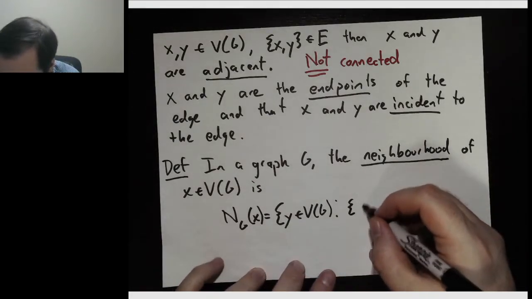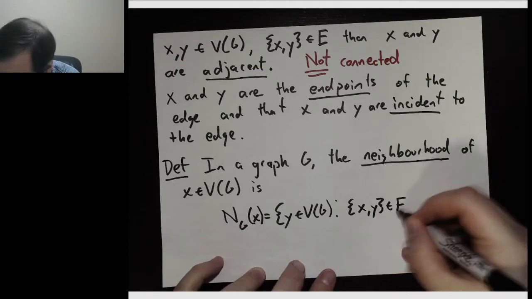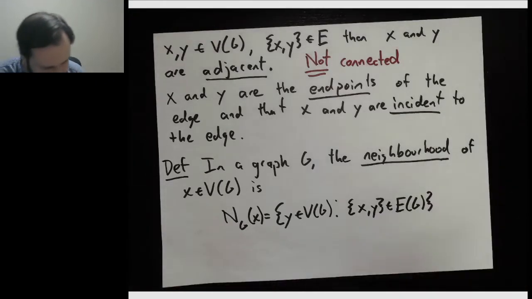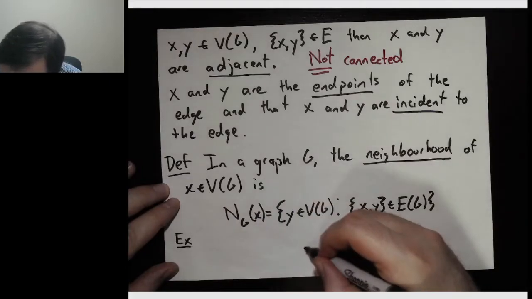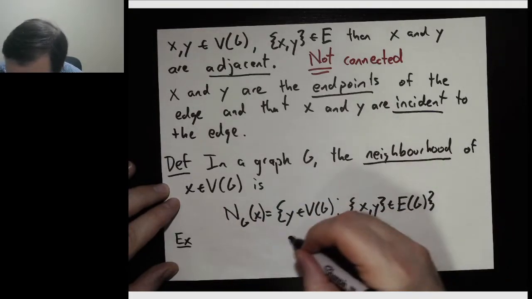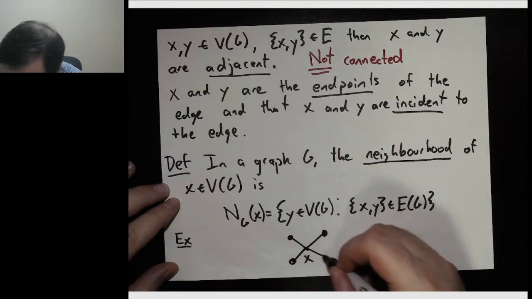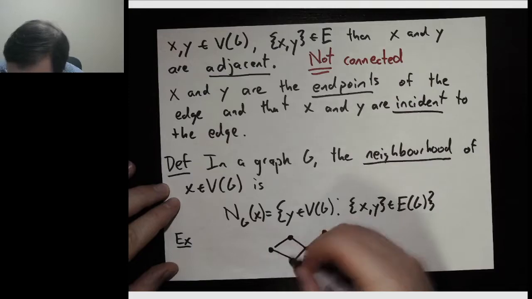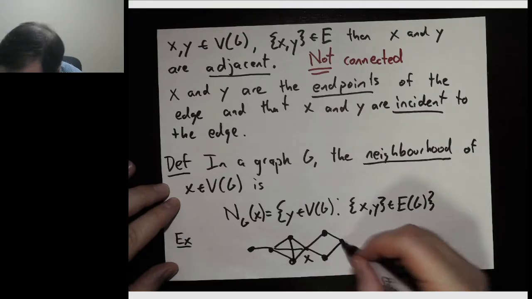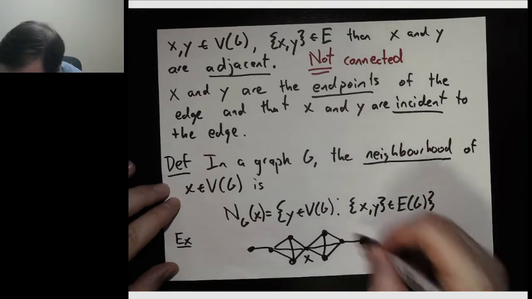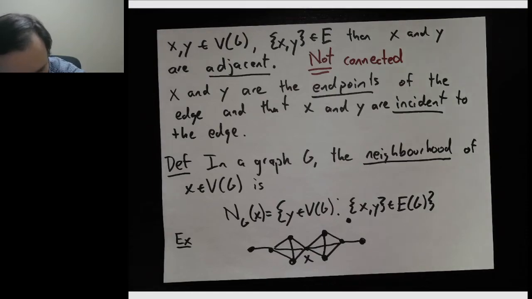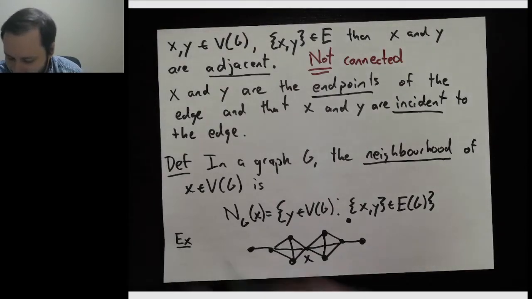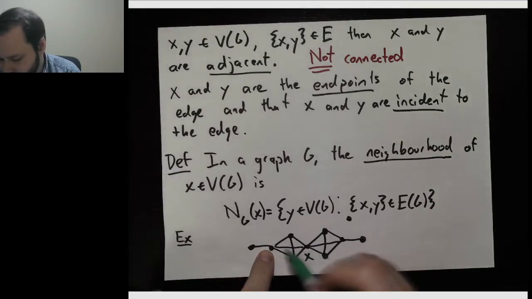So there is an edge x, y. Okay, so just as a quick example, if this is my vertex x and I have some graph, this graph might look familiar. The neighborhood of x are all the vertices where there's an edge incident to x and that other vertex.